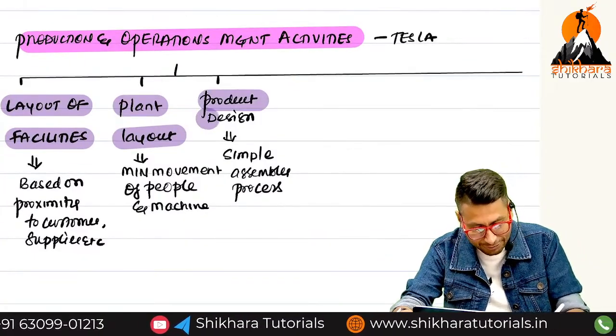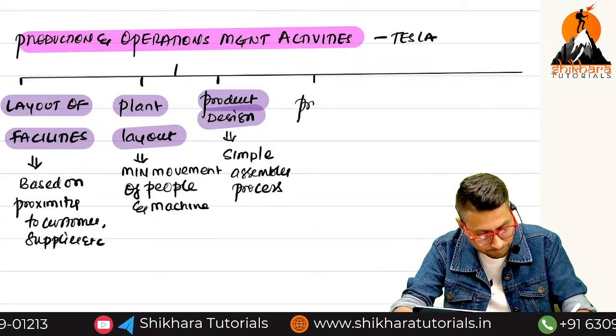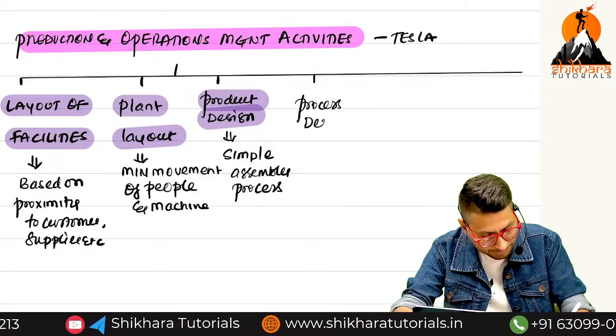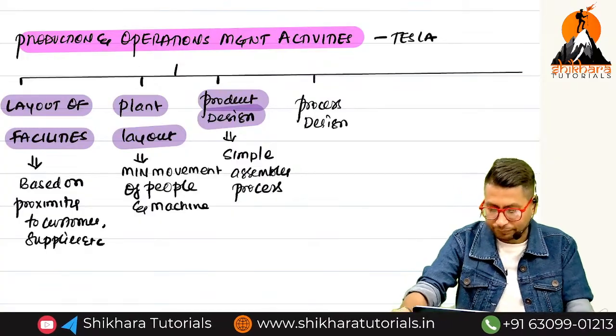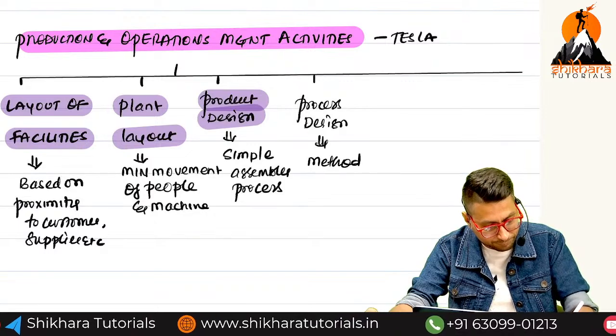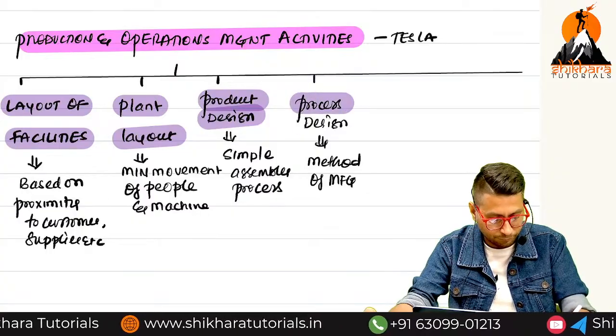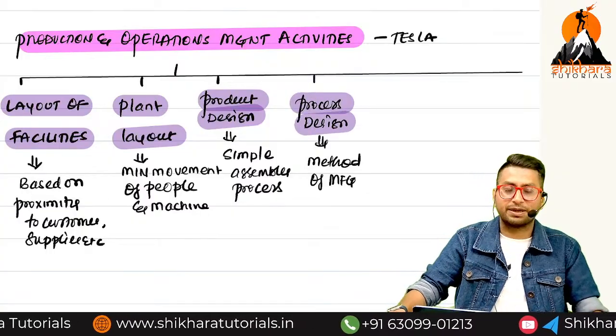Then in addition to product design, you should also think about process design. Process design is nothing but method of manufacturing. How should I manufacture a product?